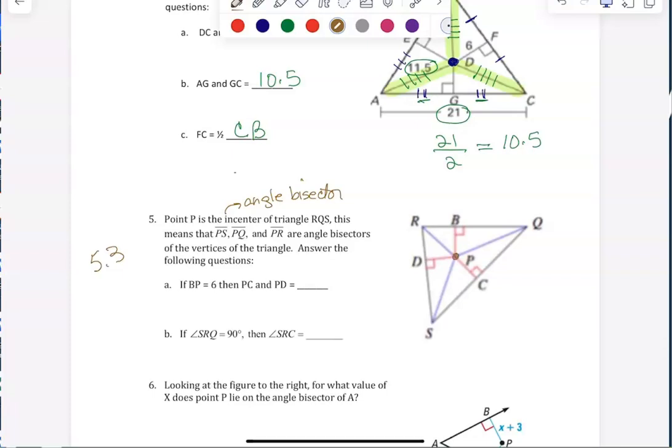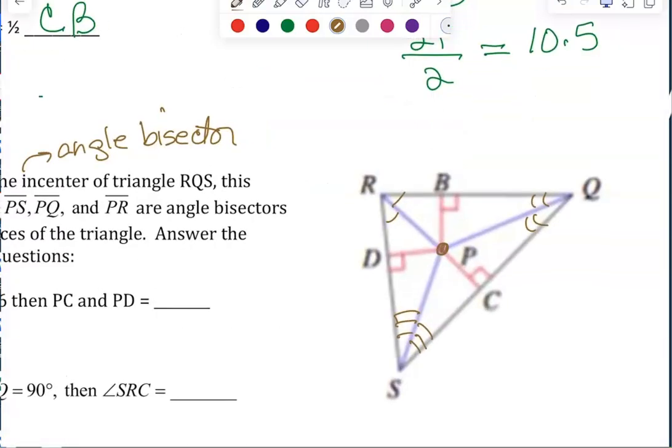Okay, so if they're angle bisectors, then this is what happens. This angle has to equal this. That angle has to equal that. And this angle has to equal that. Okay, what else happens? Well, I'm going to make this a little bit bigger for a second, and I'm going to highlight this, this, and this.